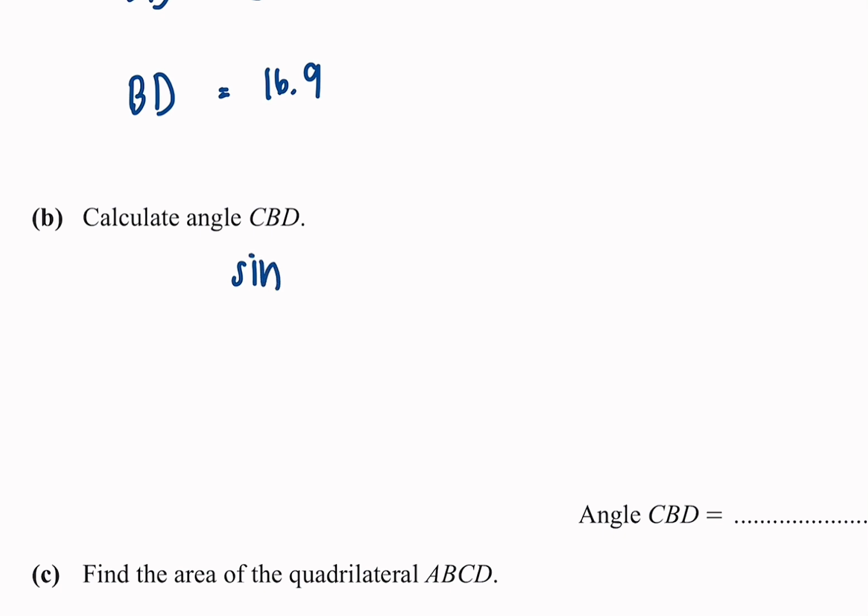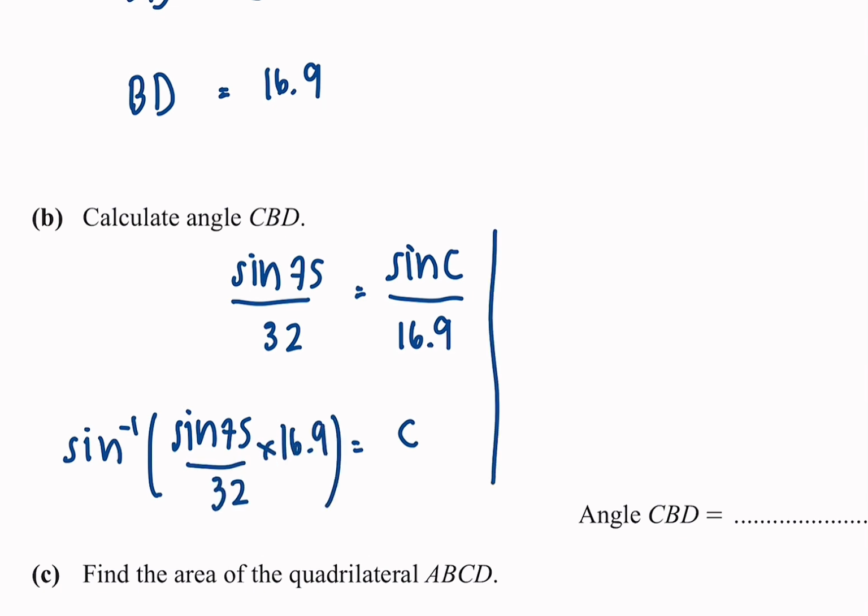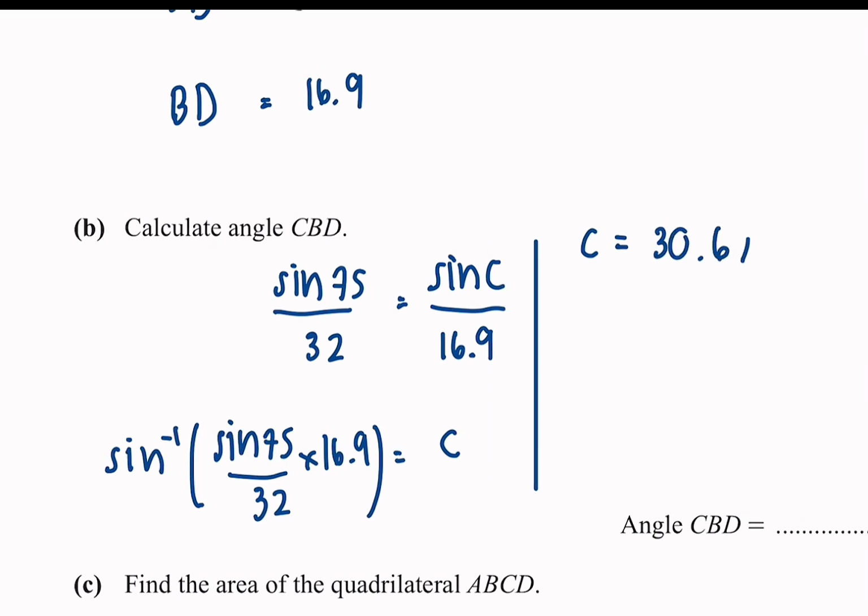Sine 75 over 32 is equal to sine C over 16.9. Therefore, C is equal to this value. And C is equal to 30.67.